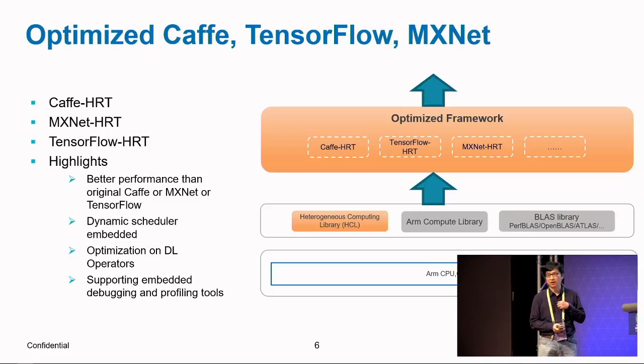Because in our developing, we found no any computer library is perfect for all networks. Different algorithm, different model, or different network, they use different operators. Even for convolution operator, different parameters you will see different performance using different library.